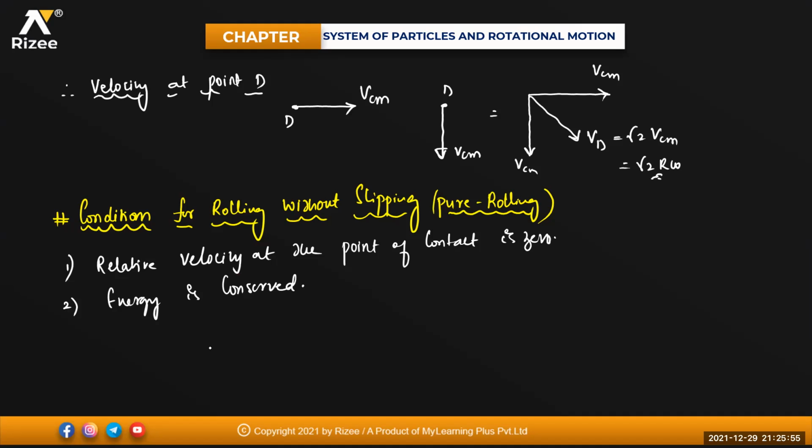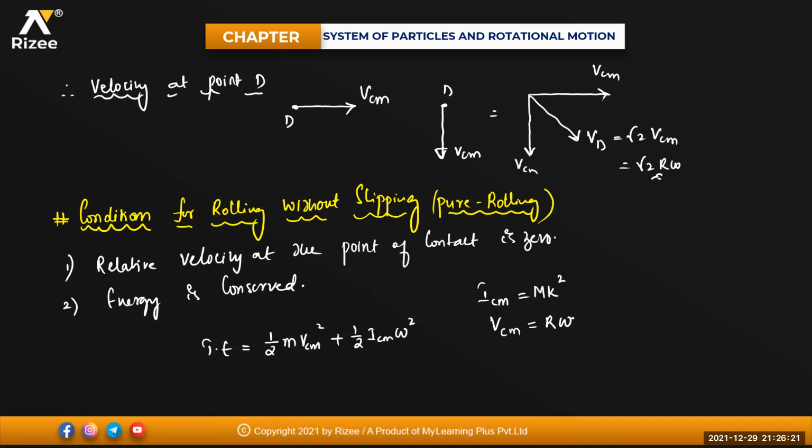Clear? That means total energy must be equal to your half into m into your VCM square plus half into your ICM into your omega square. Now see here, moment of inertia ICM, I am taking in terms of radius of gyration, beta, m into k square, and VCM must be equal to your r into omega. Okay. K is what, beta?